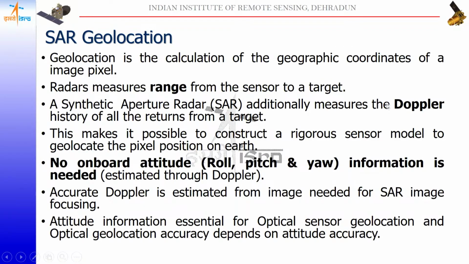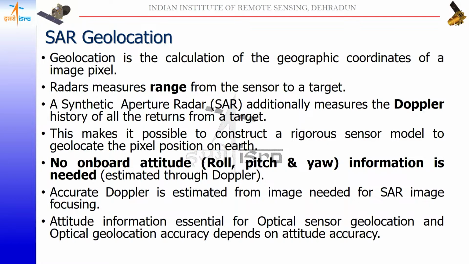Using this range and Doppler value, we can make a SAR geolocation model. And because in case of SAR we are not using roll, pitch, yaw, we are getting a precise geolocation, if all the other parameters, like the satellite X, Y, Z, its velocity and time stamping, are correct.